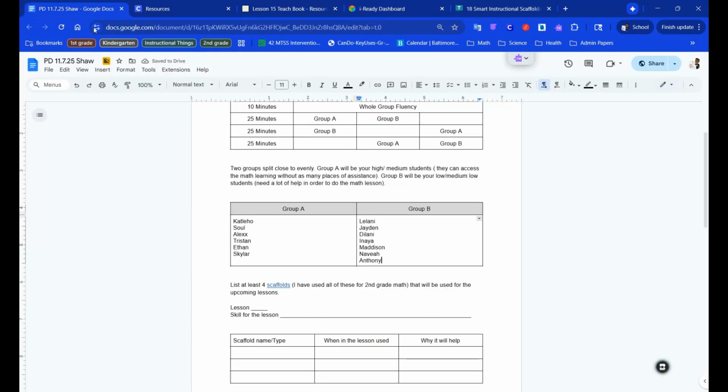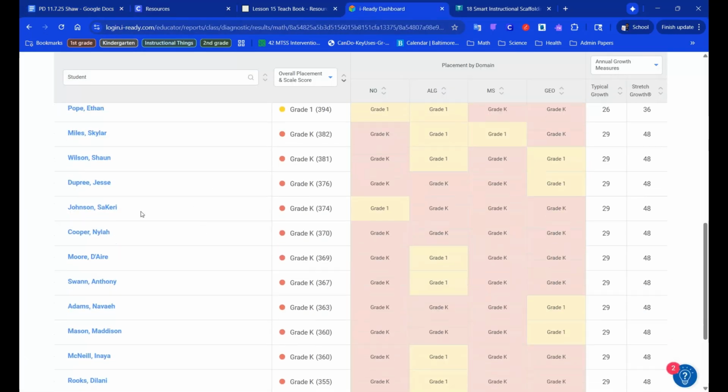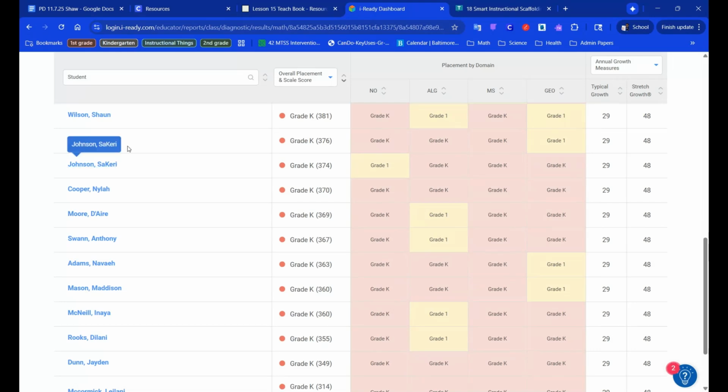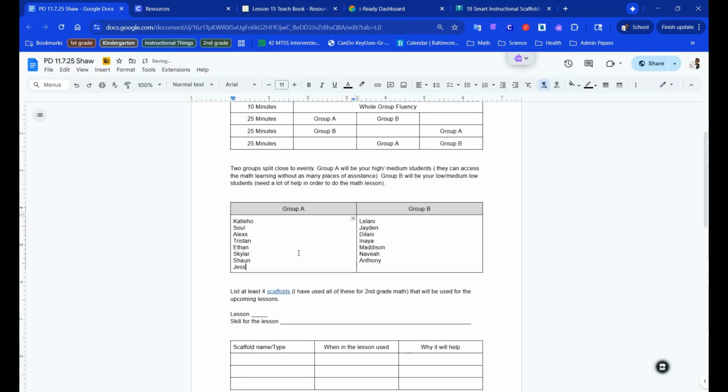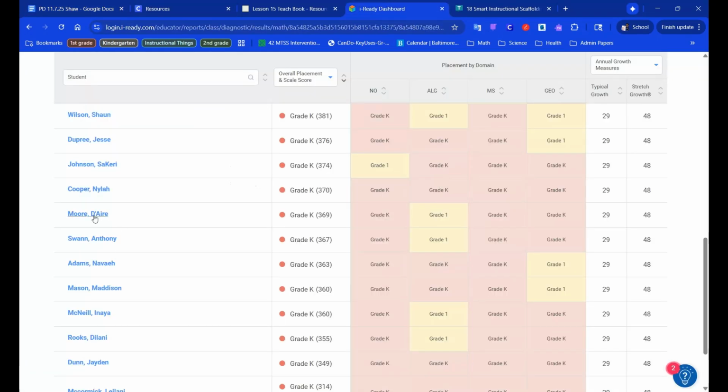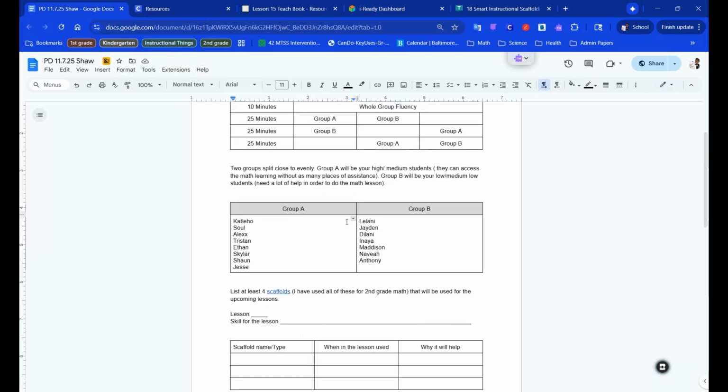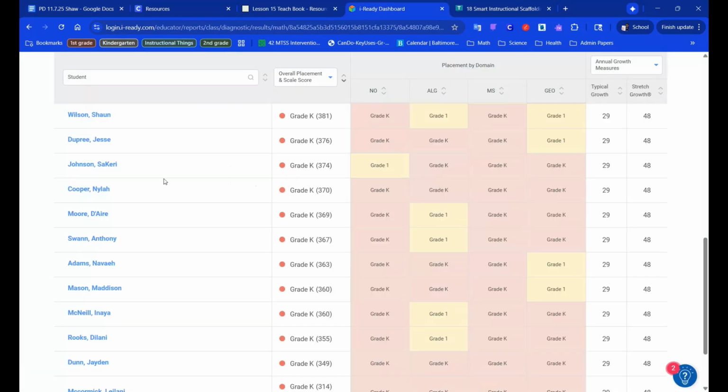Skylar, Sean. Jesse. Dier. Nyla and Sakari.